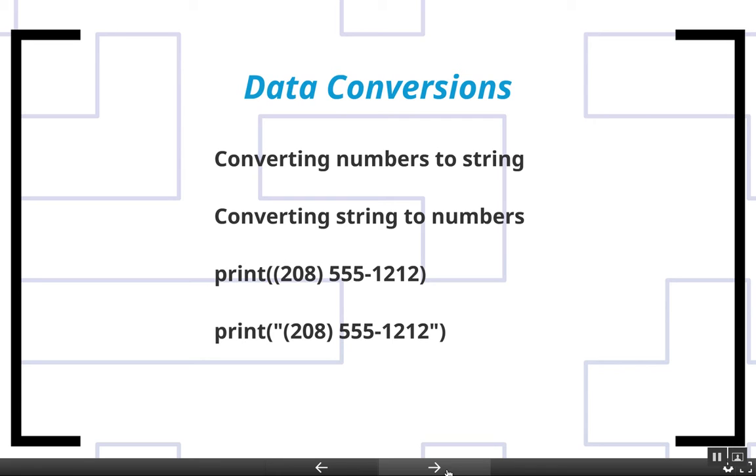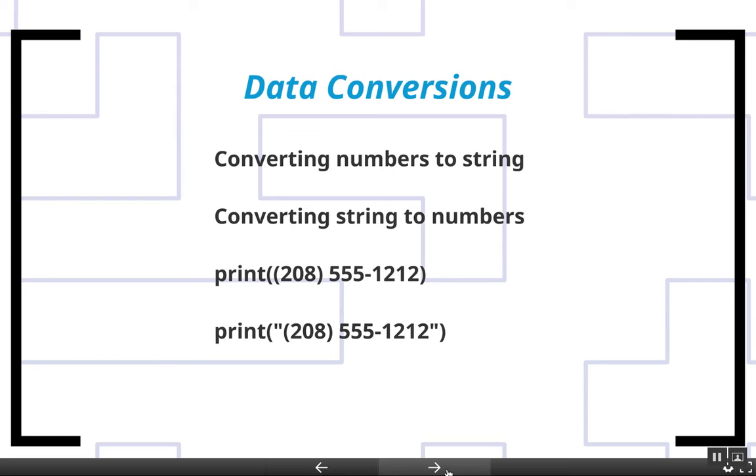Also, if you had a phone number and you would go to print it out, for example, the first printout here, it just says print and then has inside parens the area code 208. Then outside of that, it's got 555 and then the dash 1212, and that's printing out.